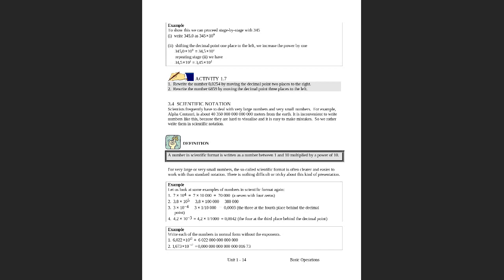The first number you see there must always be between 1 and 10, times, and it must be written as an exponent of 10.